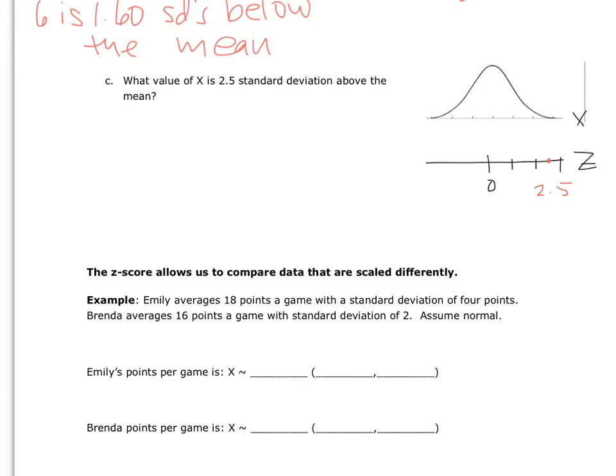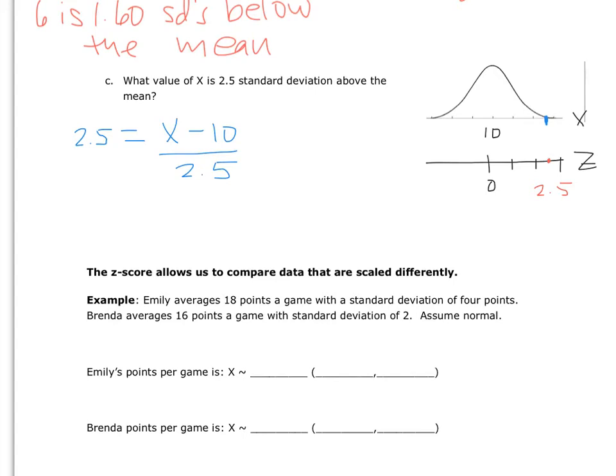So we're looking for the comparable value of x from this distribution that has the mean of 10. We know the z-value, so 2.5 equals, and what we're looking for is x. We can subtract the mean from that value, divide by the standard deviation, 2.5, and now solve for x.